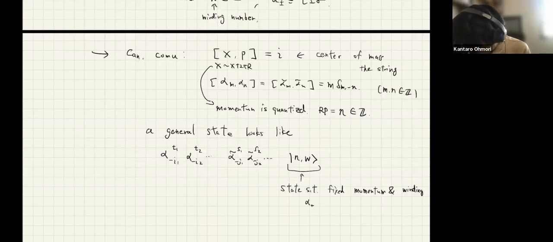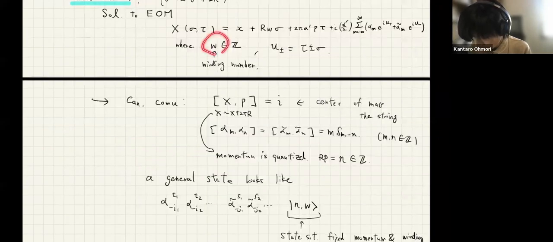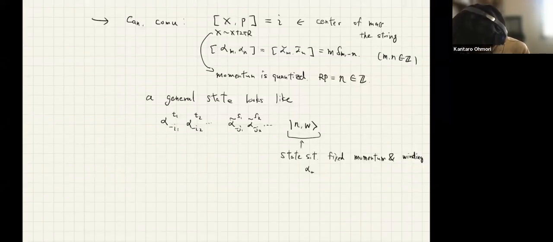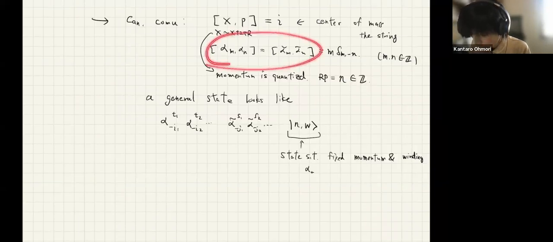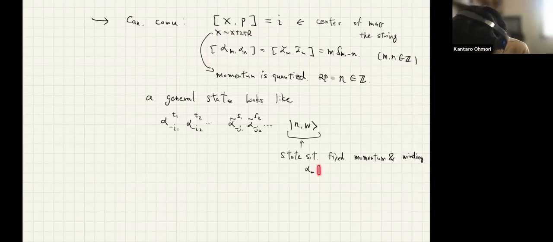So I demand that this state is an eigenstate under p with some fixed winding number, and also a vacuum with respect to this infinite set of oscillators.